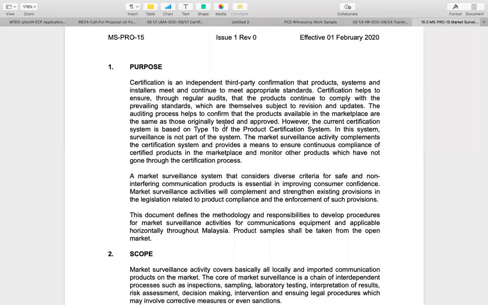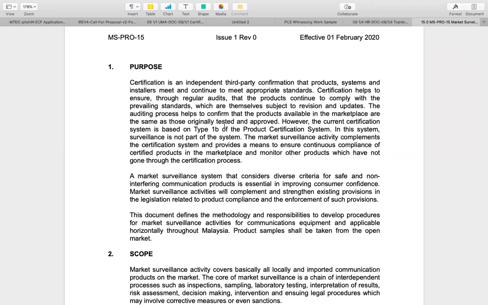So market surveillance will normally consist of a few stages, because to do market surveillance, we have to determine the requirements. When we do market surveillance, what is it for? Are we going to check on certain products, or are we going to do market surveillance in a specific area to determine the products placed on the market there?